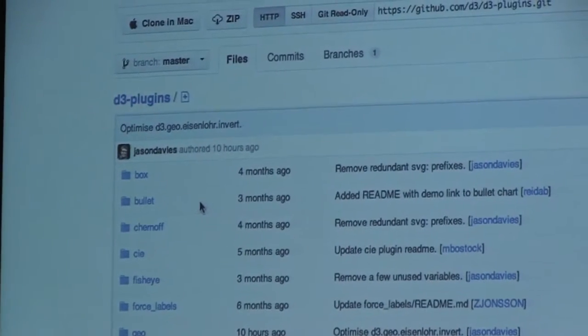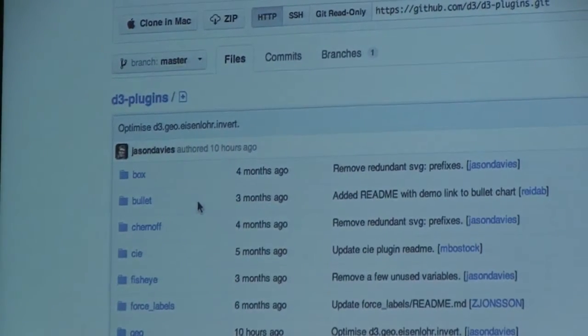So here you can see a chain of faces, a bullet graph, box plots, horizon charts. There are some parallel coordinates. So this is like another layer on top of D3. You have D3 as the low-level component.